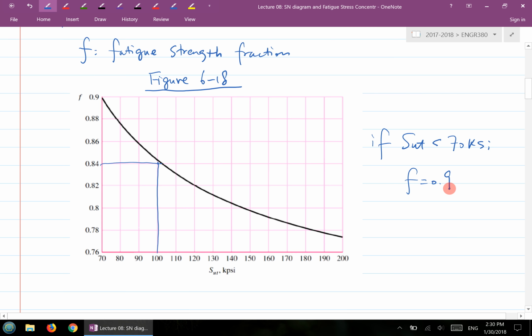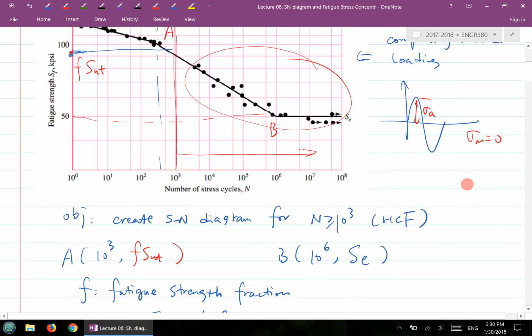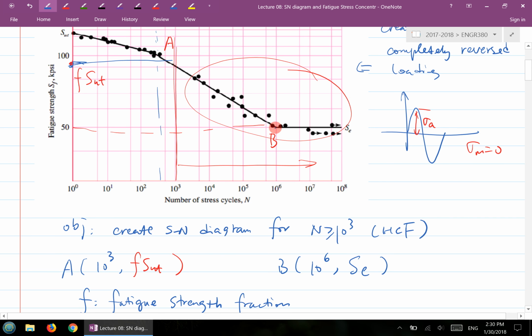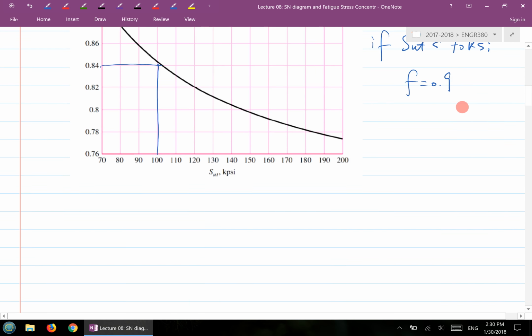Now this AB is a straight line here, but that's in the log-log scale. If it's not log-log scale, the mapping between the fatigue strength and the number of cycles is actually this formula.